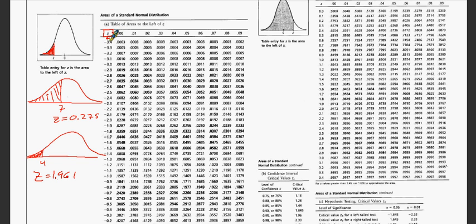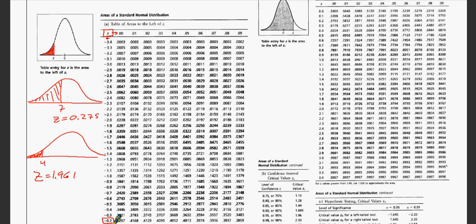It kind of works in both directions. Notice that this gives you whole number and tenths. This gives you hundredths. So you start by going down looking for our 0.2, really, because that's tenths. It's 0.2. And all the way down here, right, here's 0.2.